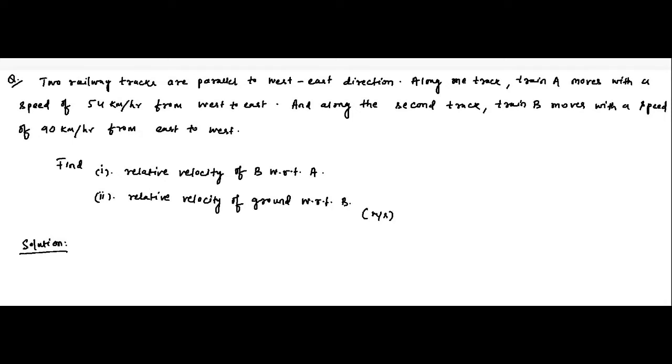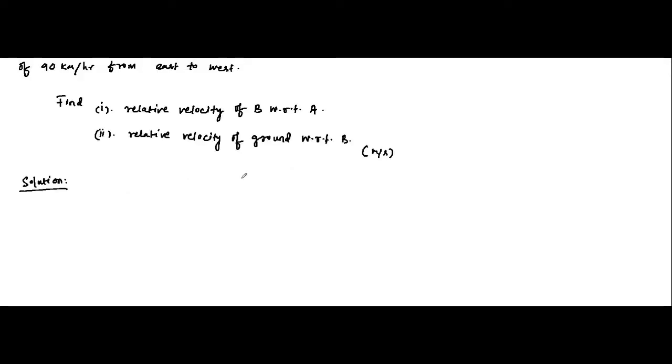So let us first draw the diagrams here. So here first the direction, that is very important. Okay, so east, west, north, south, we are only concerned with east, west. So here it has been given that there are two trains.